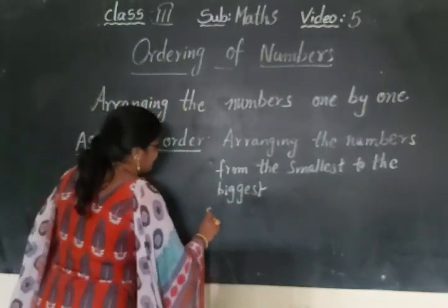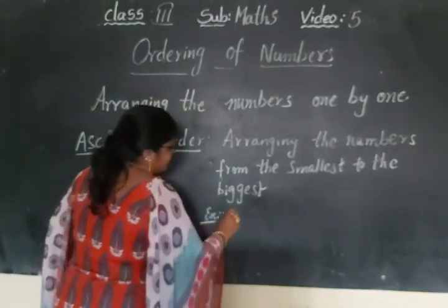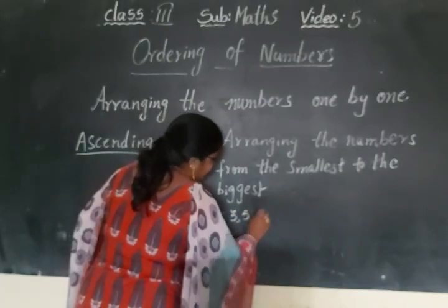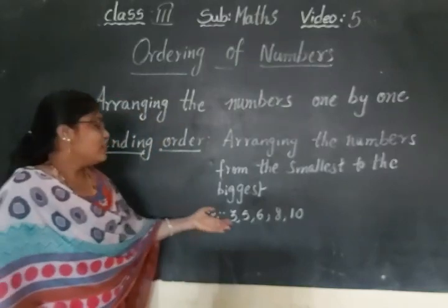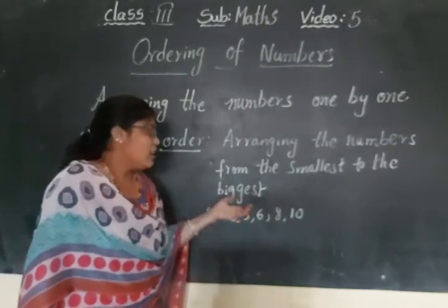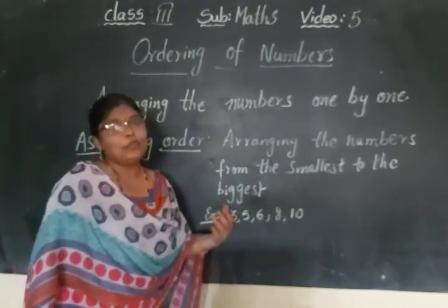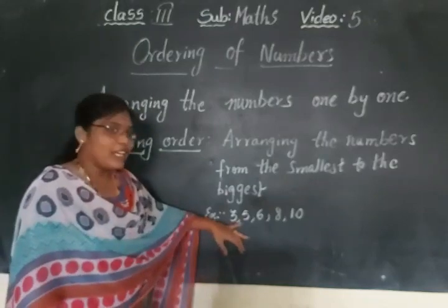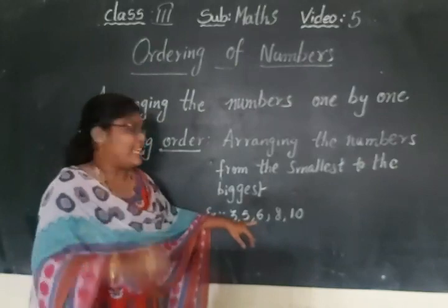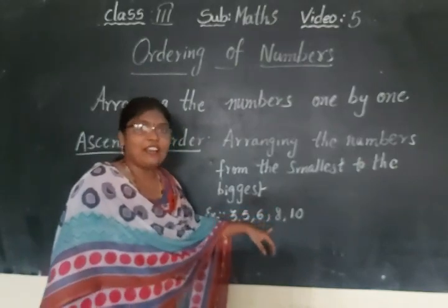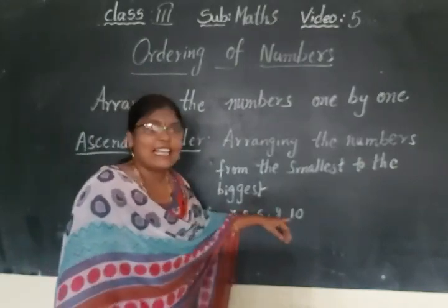Let's see one example. 3, 5, 6, 8, 10. Yes. Is 8 less than 10?